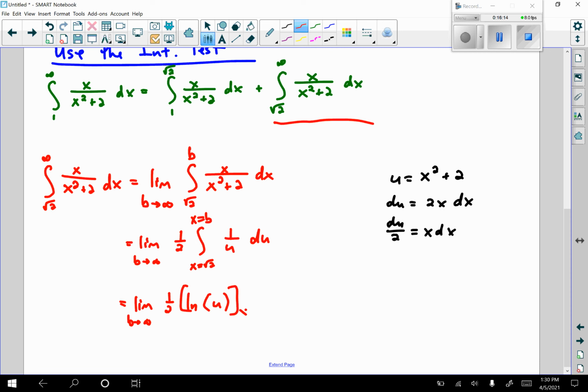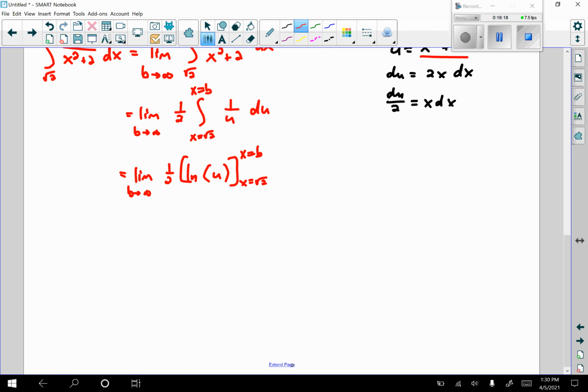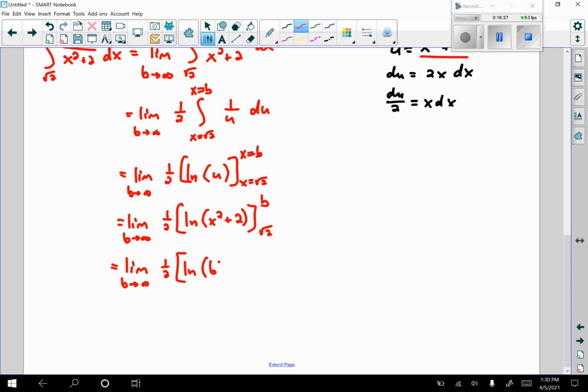But again, as x goes from radical 2 to b, then I could bring back in the x squared plus 2, from radical 2 to b. So now this becomes a limit as b approaches infinity of 1/2 of the natural log of b squared plus 2 minus the natural log. Radical 2 squared is just 2. 2 plus 2 is 4.